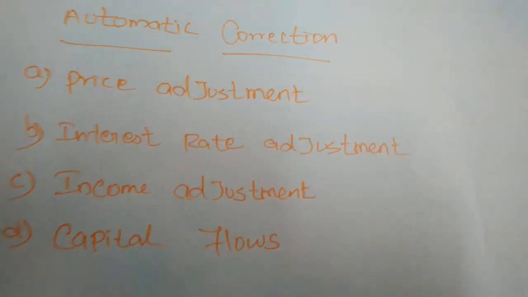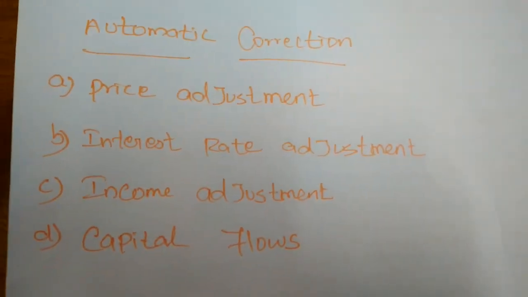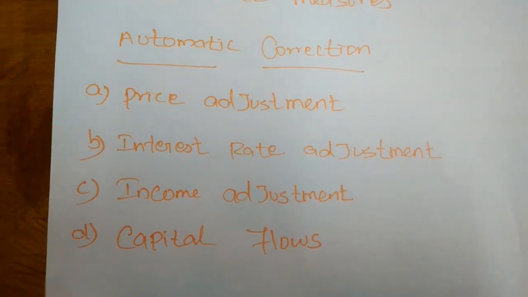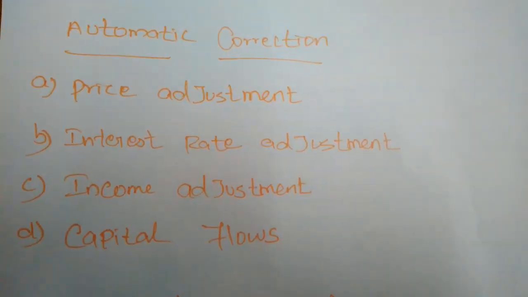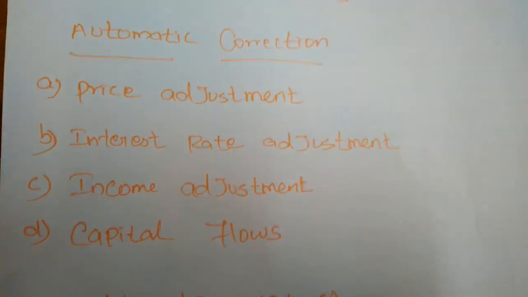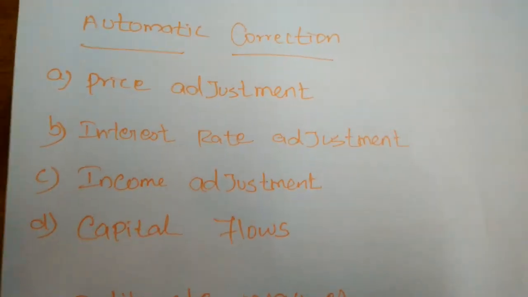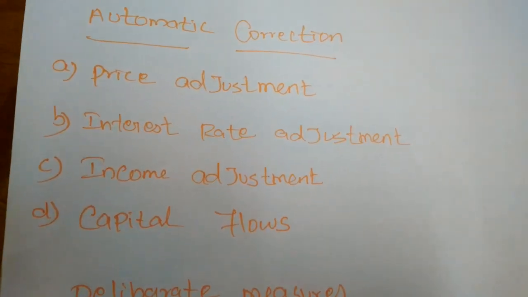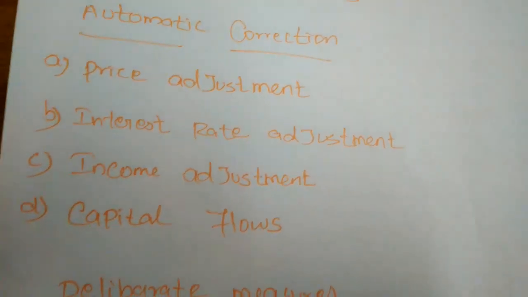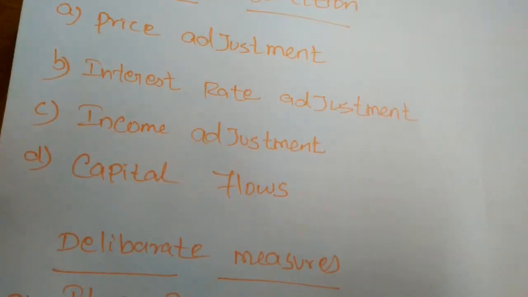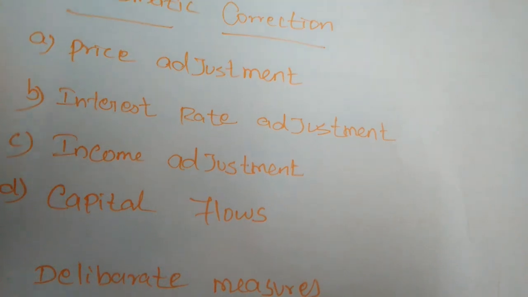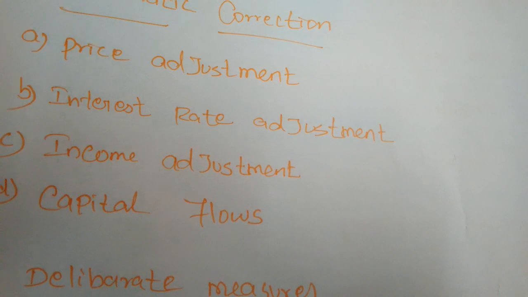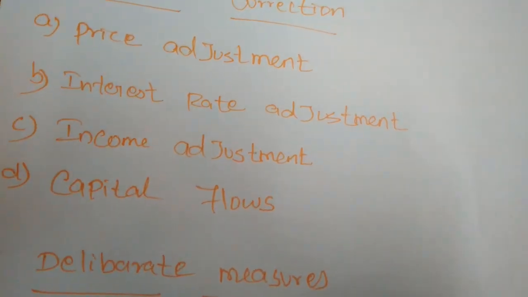If the balance of payment disequilibrium countries are adjusting the price of their commodities, automatically the demand will come to the equilibrium point, and the import and the export will be corrected.